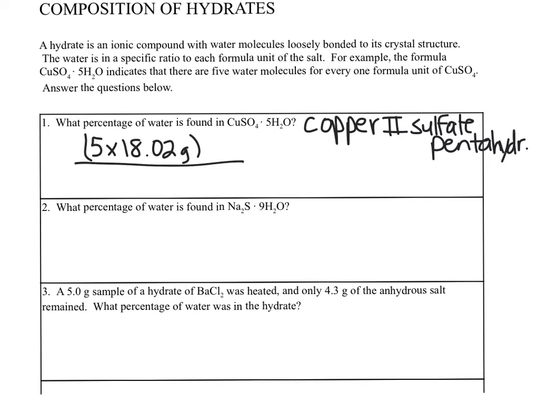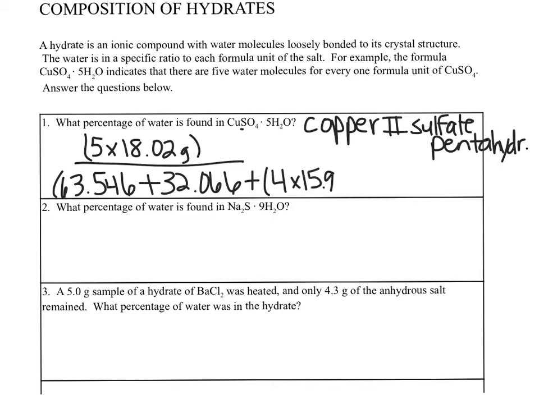So I'm just going to show that work. So you would have had 63.546 plus, now I'm going to do my sulfur, 32.066 plus 4 oxygen, so 4 times 15.999. And all these numbers are just coming from your periodic table.